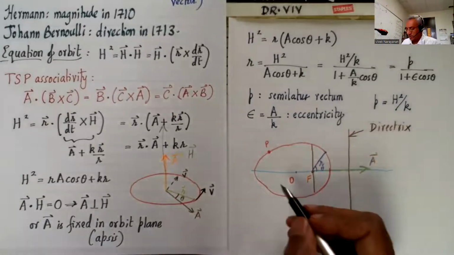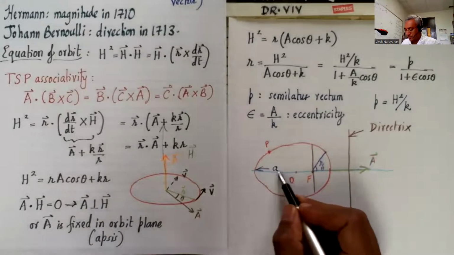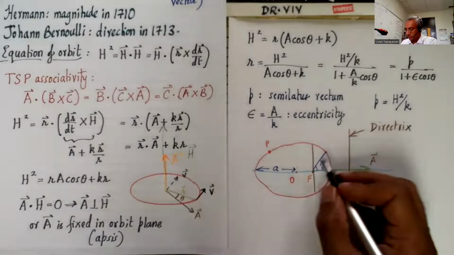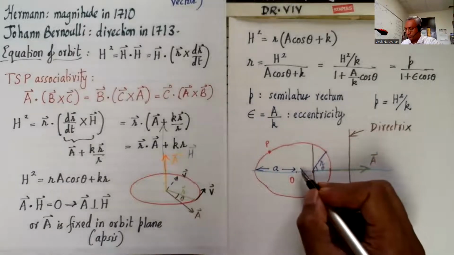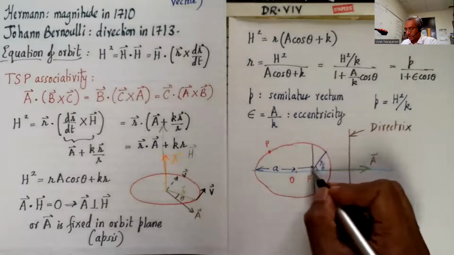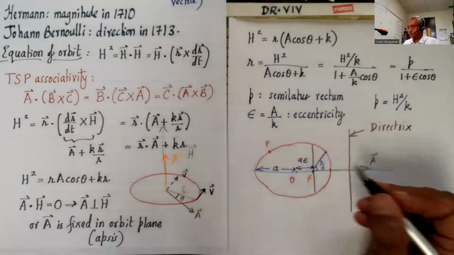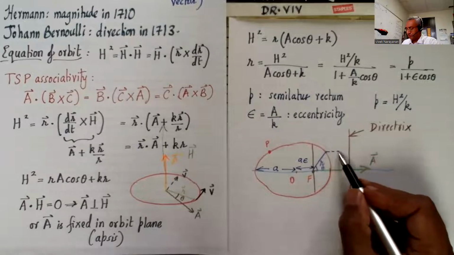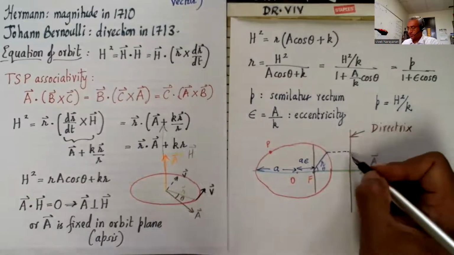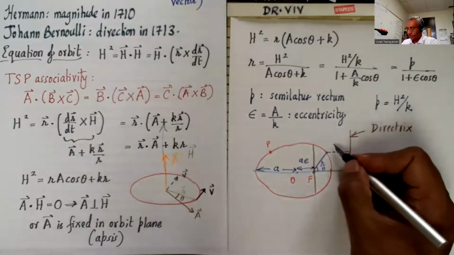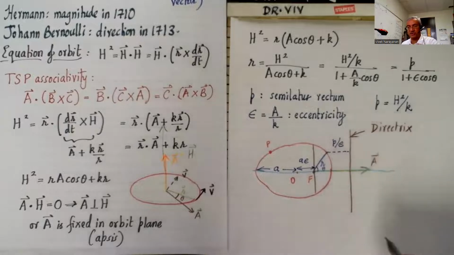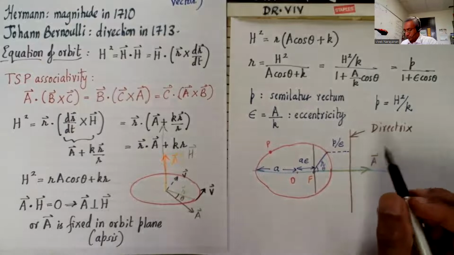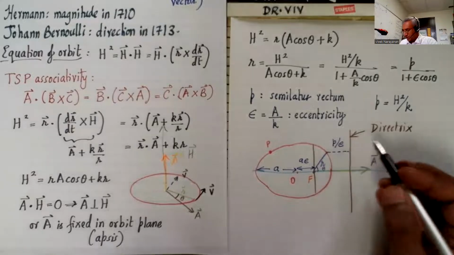Now, by the very construction of the ellipse, the semi-major axis is A, and the distance from the center to the focus is A times epsilon. The distance from the position of the planet to the directrix is P over epsilon. That's how the construction is made. And, this is R over epsilon.